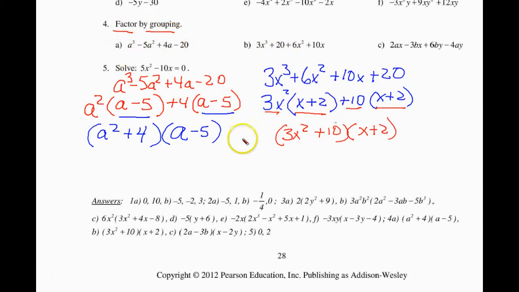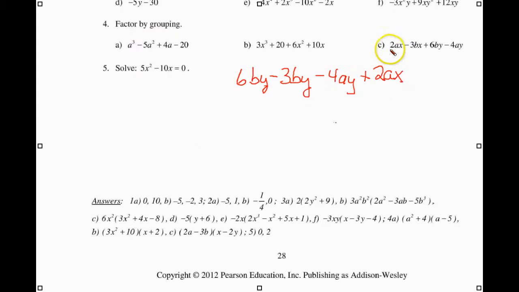Number 4, 4a is what we have, and 4b is what we have also. Okay, let's do 4c. Well, I had to do some organizing of this. And again, I have a 6 and a 3, a 4 and a 2. So that'll give me something to work with.